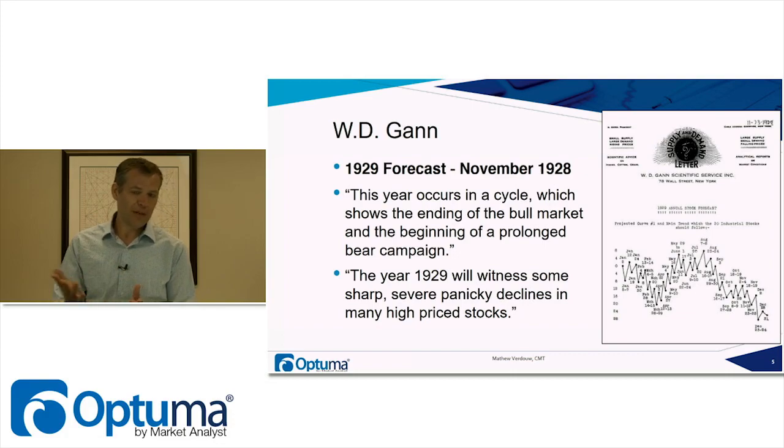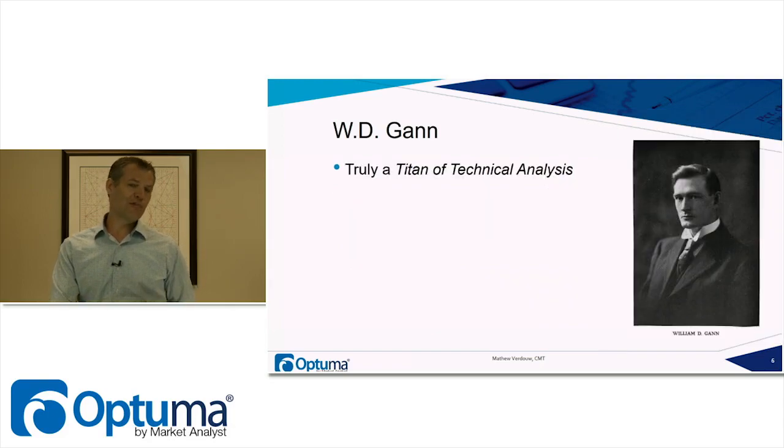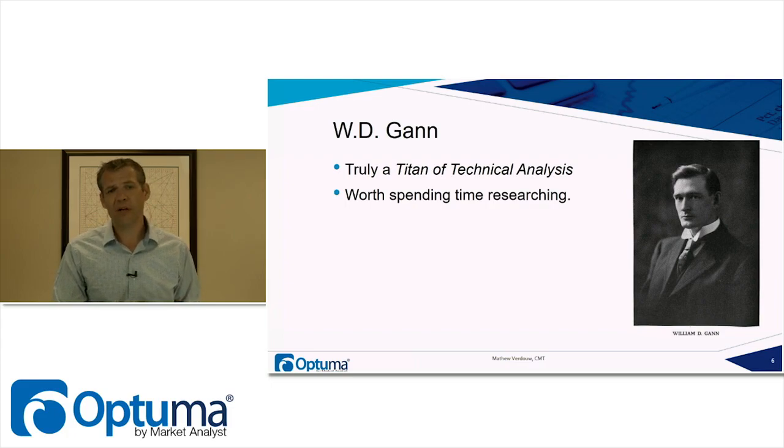And we all know what happened in 1929. It's quite amazing that he was doing this based on his cycle work and different things like that. He truly was a titan of technical analysis. It's very interesting, the way that he worked, and it's worth spending time researching if you have any interest in this.